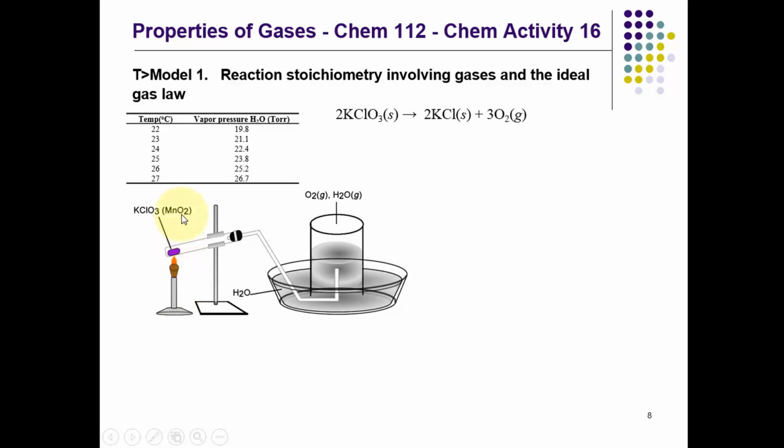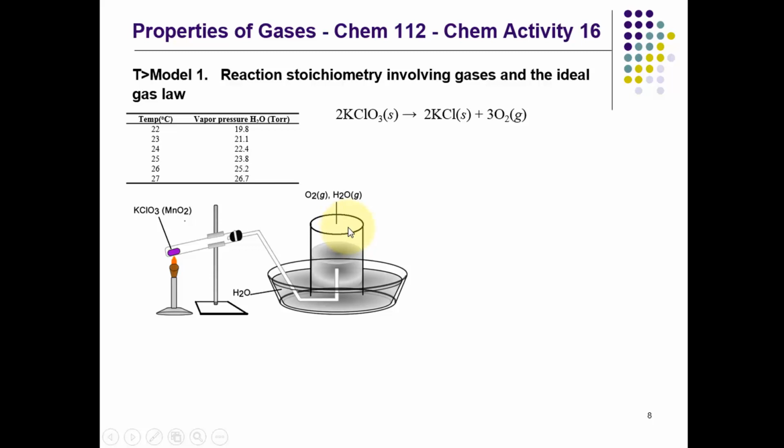The manganese dioxide is used as a catalyst, but still we will need to heat the potassium chlorate to initiate the decomposition. Any oxygen gas that's produced will move through this tube and will be bubbled into water. Now originally this inverted cylinder would have been completely filled with water.